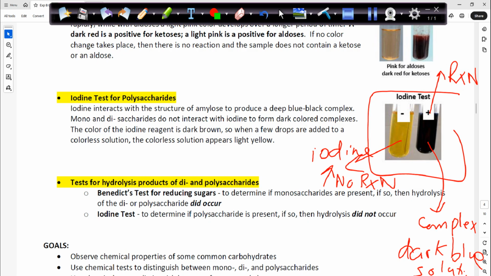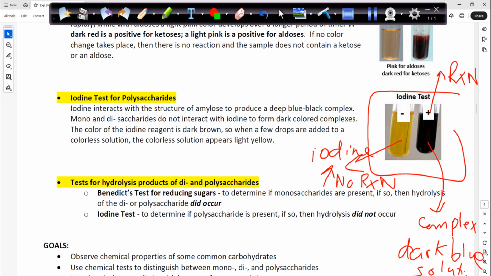So now how do we hydrolyze those? We hydrolyze those by adding HCl, hydrochloric acid, as an acidic medium, in a boiling water bath. We don't overboil, but at least we make sure it's really warm enough.